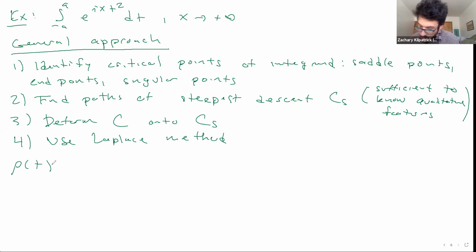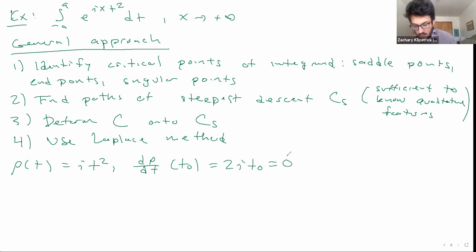All right, so let's jump in. Our particular value of rho is going to be i t squared, right? And then we have that asymptotically large value of x. The derivative of this with respect to t is 2it0, and it's equal to 0 when t0 equals 0, okay? So that's our critical point. And that is going to be a saddle in the complex plane. Okay.